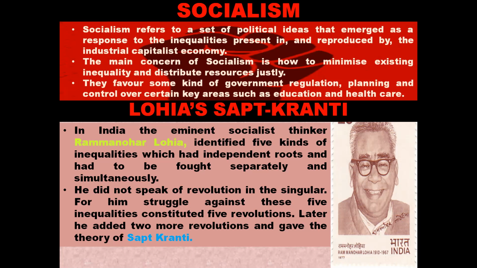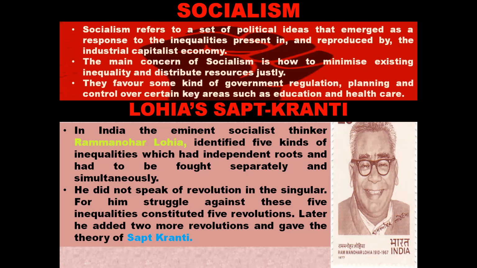Caste inequality जो कि बहुत ही ज़्यादा prevalent थी इंडिया में. Colonial rule inequality because of colonial rule, जैसे इंडिया में ब्रिटिशर्स ने रूल किया था तो हम लोग backward भी हो गए, हमारे ऊपर दूसरे लोगों का domination था. So that is also an inequality अगर आप बाकी states के हिसाब से देखें तो. And then economic inequality that cannot be ruled out. So these were the 5 inequalities that he spoke about.